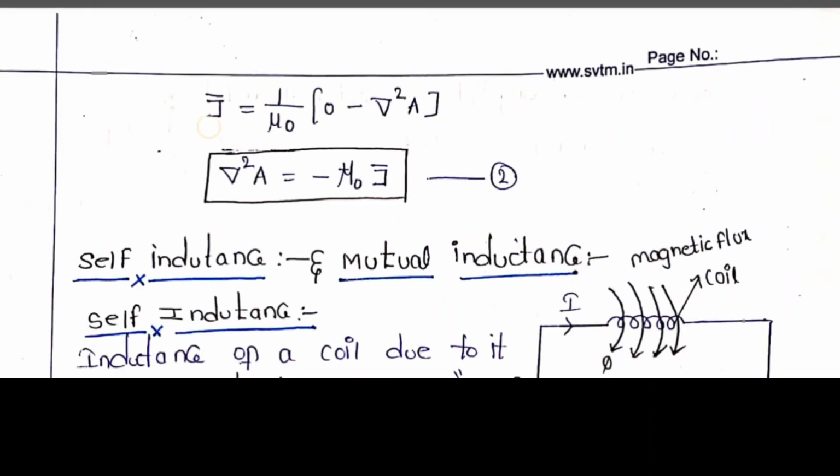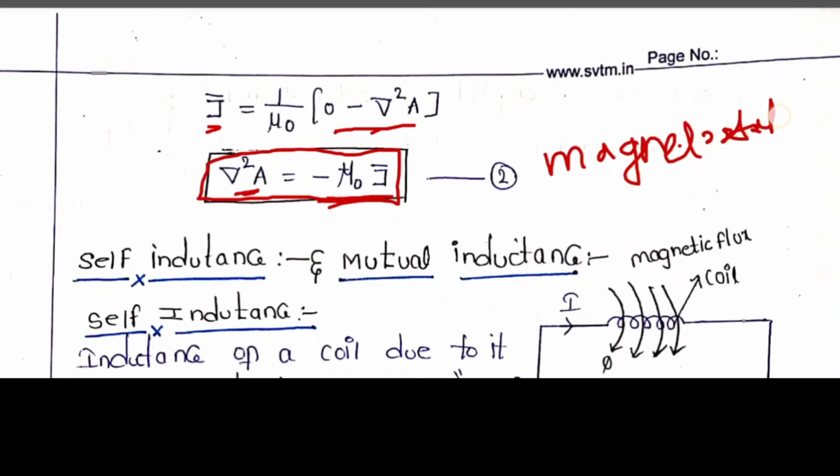Therefore, mu naught J bar equal to 1 by mu naught times 0 minus del square A. From that, del square A equal to minus mu naught J. This is known as Poisson's equation for magnetostatic field or vector magnetic potential, where A bar is vector magnetic potential, J bar is current density vector, and mu naught is absolute permeability.